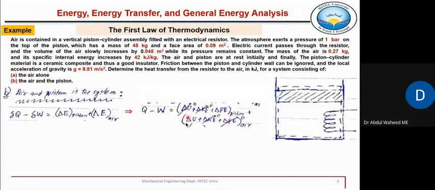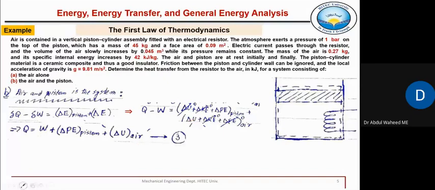In the case of air, it's only delta U. So now our equation reduces to this form. Now Q, which is unknown, is equal to W plus delta PE of piston plus delta U of air. This is the equation which we need to solve for this new system consisting of air and piston.